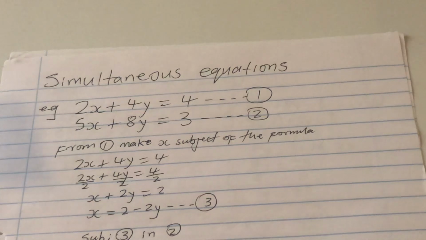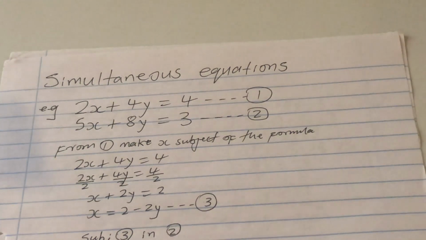In simultaneous equations, what are we doing here? You will find that we are given two unknowns. For example, we are given x and y, and we are required to find their values.